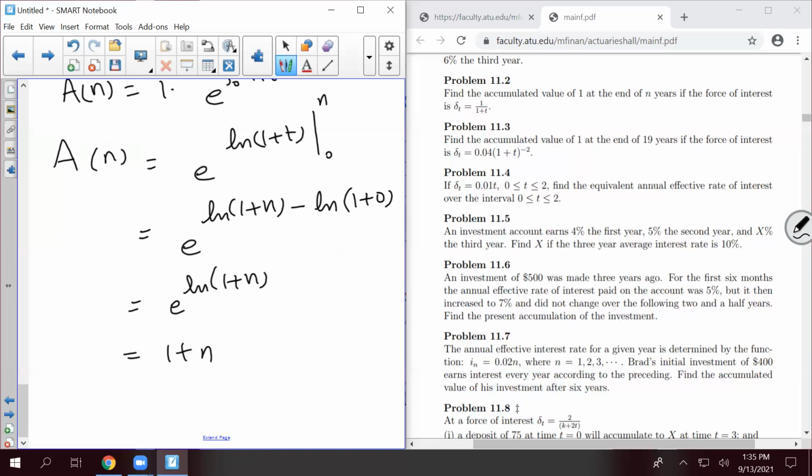The amount at n is 1 plus n. Nice. What happened? Nothing? You're just mesmerized by the answer? Right. If you have e and ln together, they cancel out and the exponent comes down. That's a fact from pre-calculus.